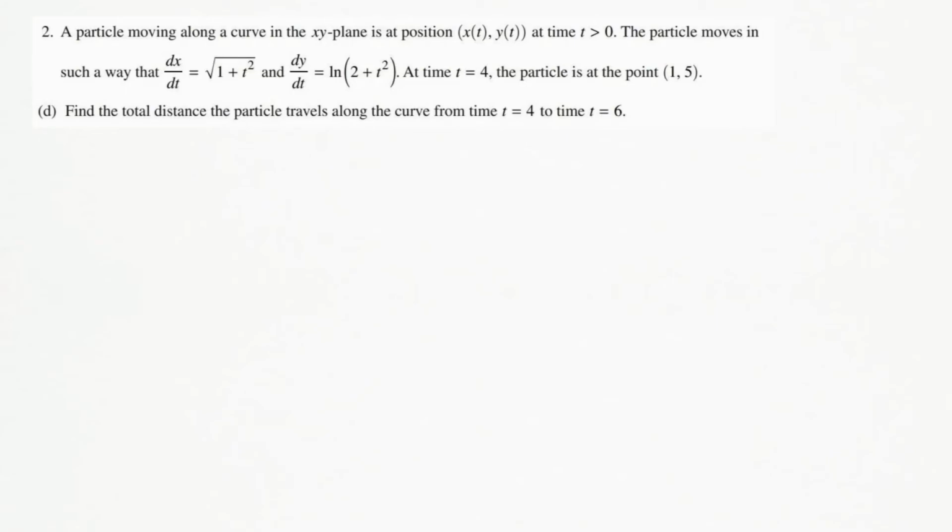The last part of the problem asks us to find the total distance the particle travels along the curve from time t is equal to 4 to time t equals 6. The total distance traveled is the integral of the particle's speed, which again is the magnitude of its velocity. So we evaluate the total distance traveled from time t equals 4 to t equals 6 as the integral of the square root of dx dt squared plus dy dt squared from 4 to 6.